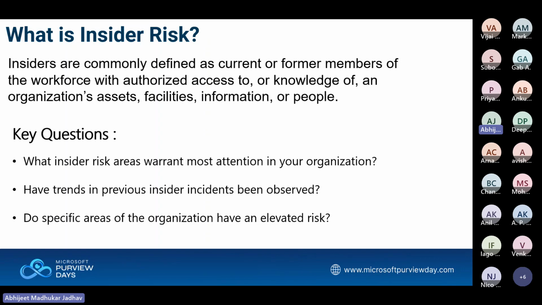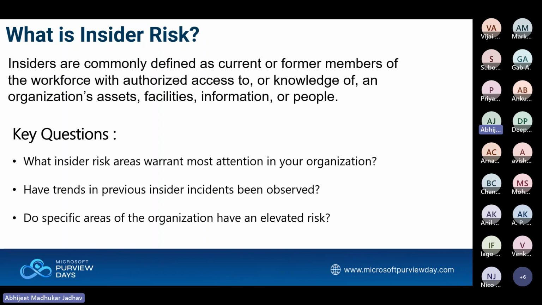These trends are really important if you're planning insider risk management. Just think of implementing a very rigid policy around intellectual property in a healthcare organization, which is mostly dealing with patient data. It really doesn't make sense. So we need to understand the trend of how the risk is and what policies to implement.